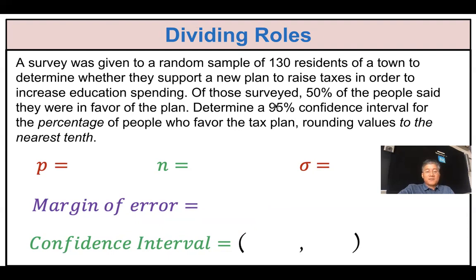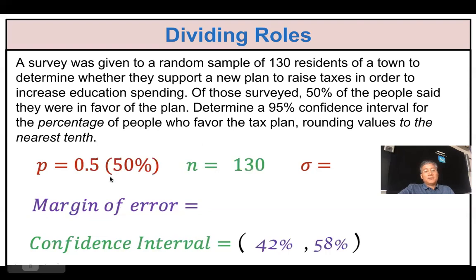So determine the 95% confidence interval for the percentage of people who favor the tax plan, to the nearest 10th. So what is P? What is N? Then you know how to get the standard deviation, right? And the margin of error, and then you get the confidence interval, in that order.